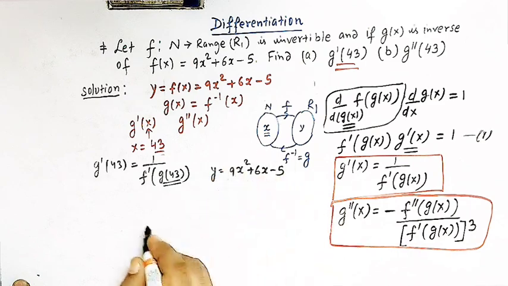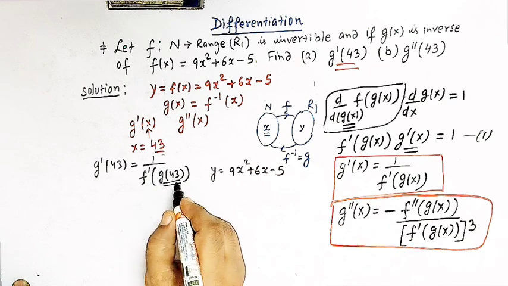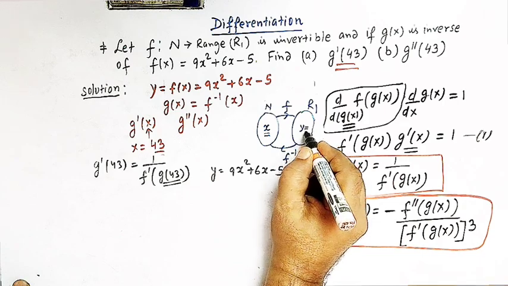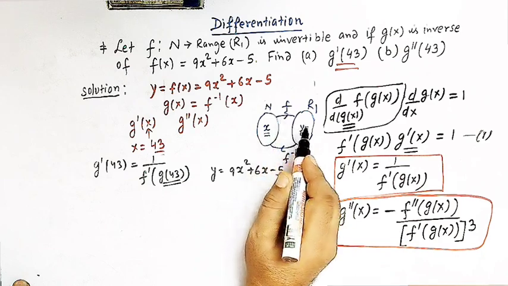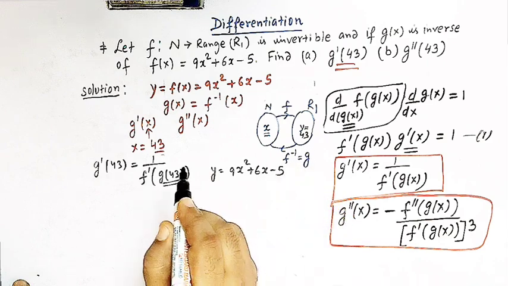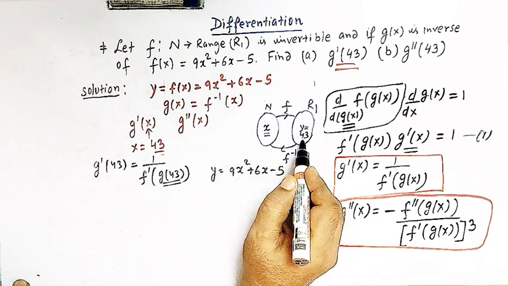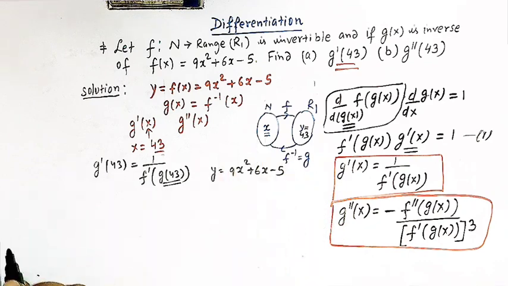Now see here, we have g of 43, right? So it means here we have y is equal to 43, and the image of x under f is y, and we have to find the values of those x for which the image of 43 under g is x, right?